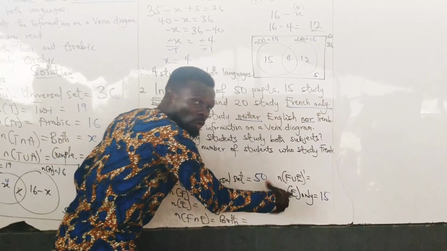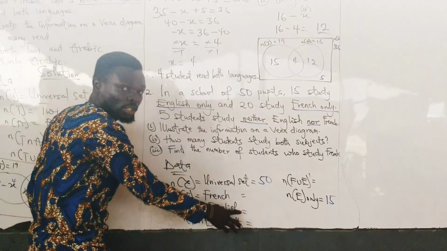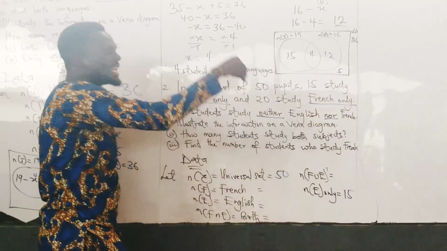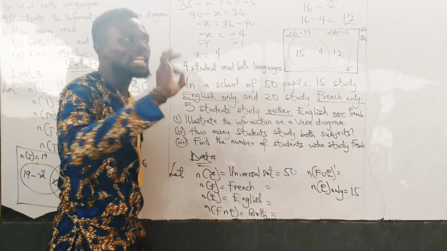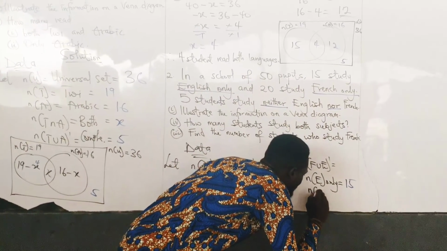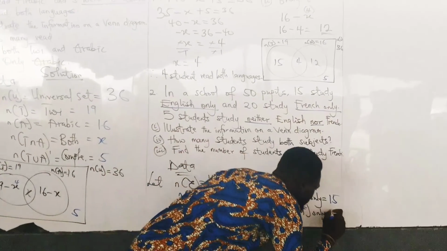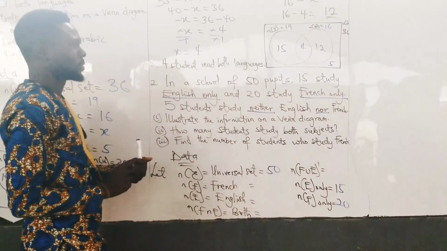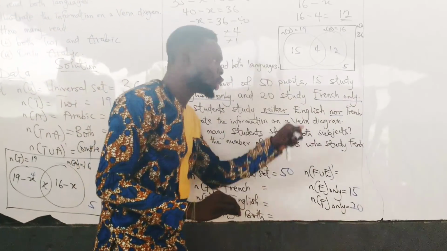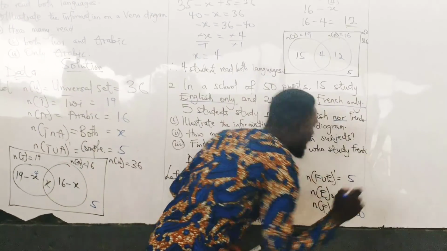This E, the examiner will know that it is English from our data here because we said let E be English. Good. When you continue, 20 study French only, so n(F only) from the question is 20. 5 students study neither English nor French, which means they are complements and they are 5.